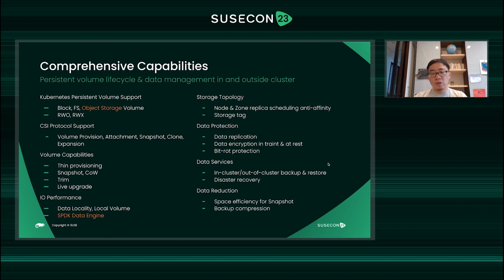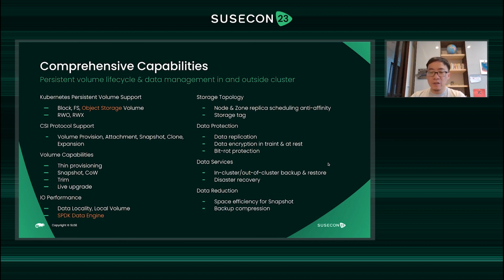Storage topology. Longhorn is node and zone aware. It can make sure your replicas are available on different nodes or even across zones. So we have different types of settings to allow the user to configure, for example, node anti-affinity or zone anti-affinity.